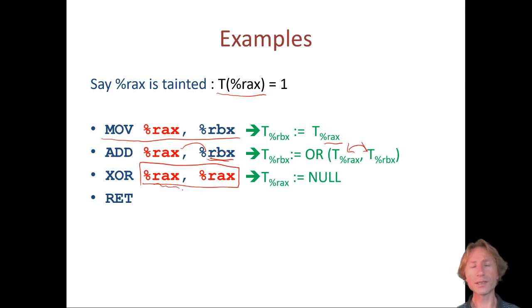So in this case, the taint of the destination register RAX becomes 0. And whenever we execute a return instruction, then we check whether or not the return address that we're trying to return to was tainted. And if it's tainted, we raise an alarm. That is how the taint-based honeypot, such as Argos, operates.